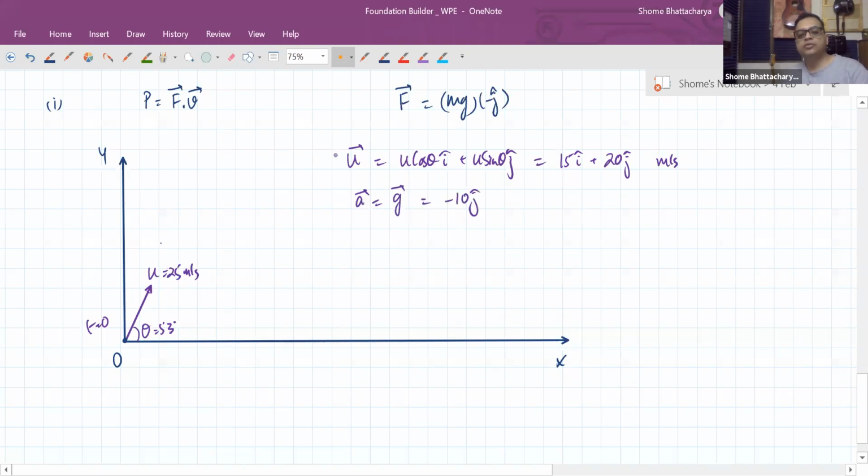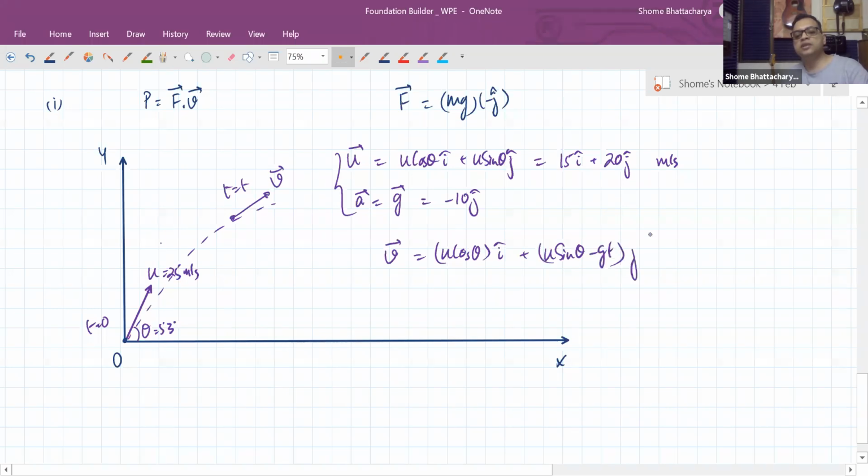Okay, so from this you can see that as the particle is moving like this, at any instant of time t, its velocity vector changes, where u cos theta remains constant along the x-axis, but along the y-axis it becomes u sin theta minus gt j cap.